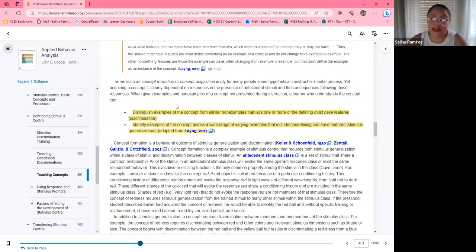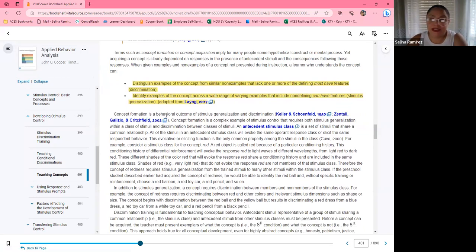Distinguish examples of the concept from similar non-examples that lack one or more of the defining must-have features is going to be discrimination. Identify examples of the concept across a wide range of varying examples that include non-defining can-have features is going to be your stimulus generalization.